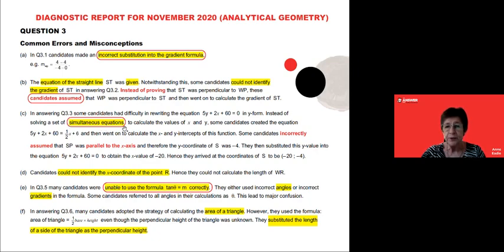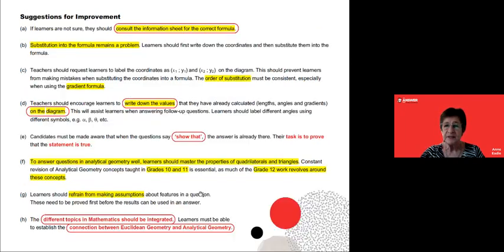Simultaneous equations: poor algebraic manipulation was absolutely dominant in these results. Unable to use the formula tan theta equals m. There's some trigonometry, and they were unable to do that. Area of a triangle, and of course, loads on quadrilaterals always visit analytical geometry and trigonometry, as we saw recently.